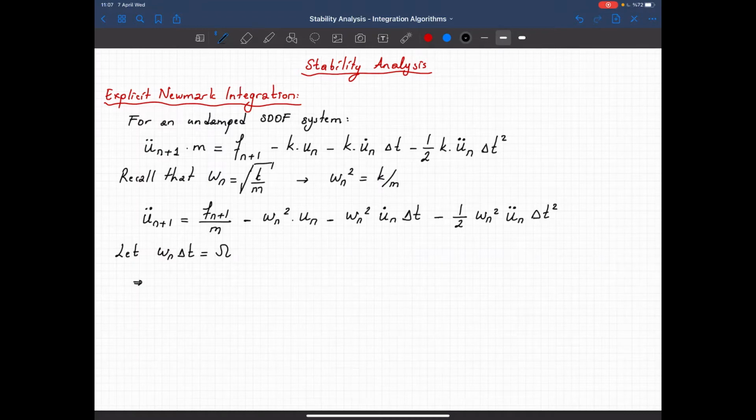So my equation of motion becomes: the acceleration at n plus 1 is equal to f n plus 1 divided by m minus omega squared divided by delta t squared u n minus omega squared divided by delta t multiplied by u dot n minus 1 over 2 omega squared u double dot n. So let's call this equation 1.